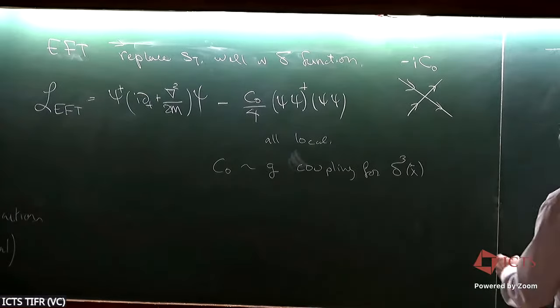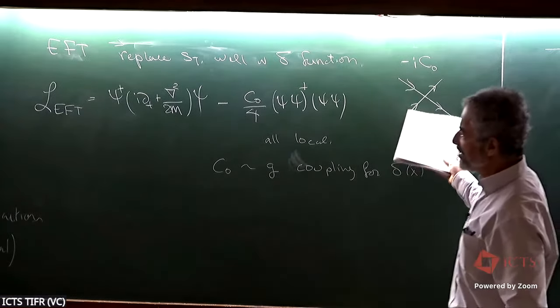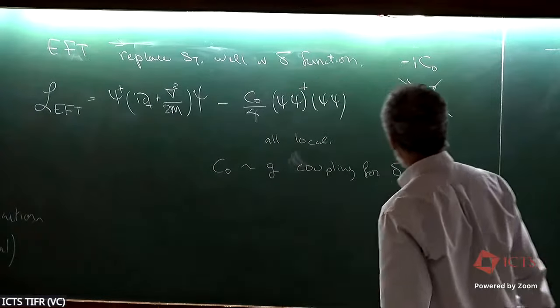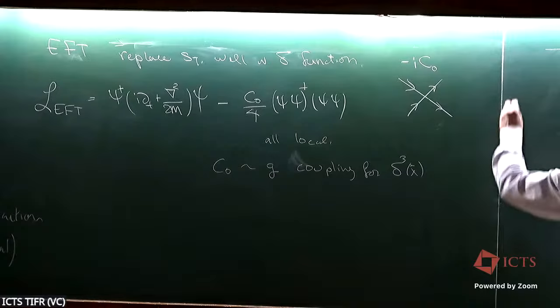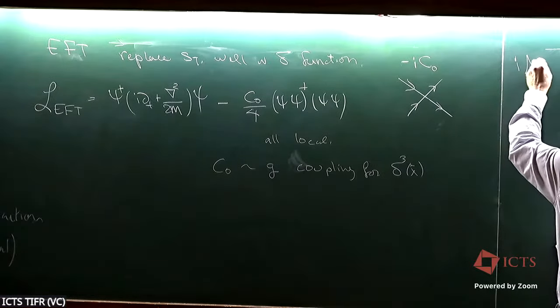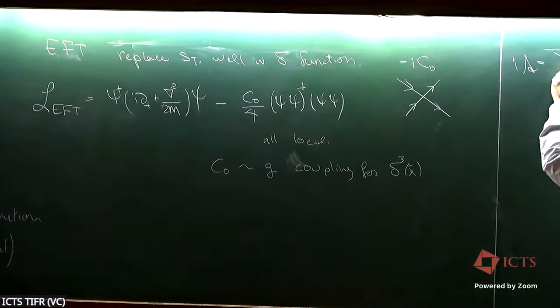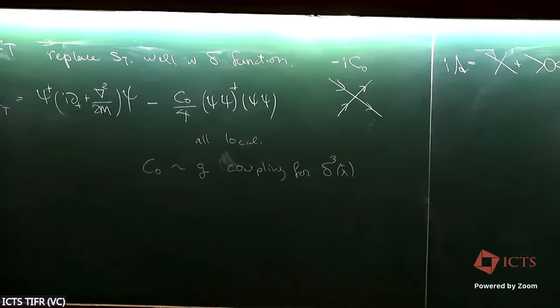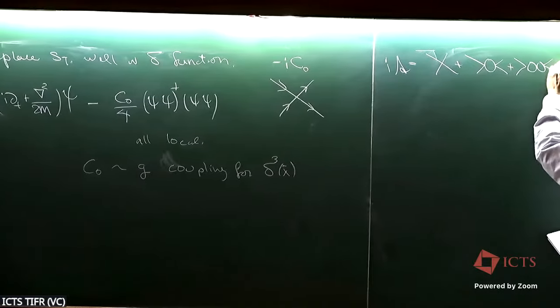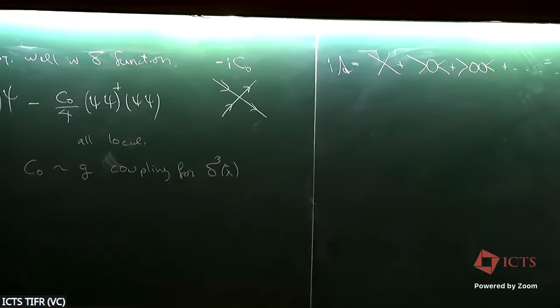Now, the nice thing is that when we stick this interaction into our Lippmann-Schwinger equation, those ladder diagrams become very simple. We have that i times our scattering amplitude is equal to the sum of diagrams like that.